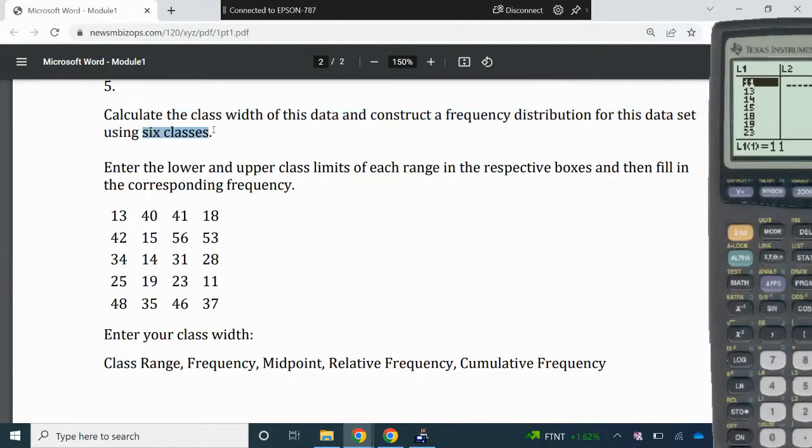Anytime you're constructing a frequency distribution, the first thing we have to do is figure out the lower limit for the first class, and we also have to figure out the class width.